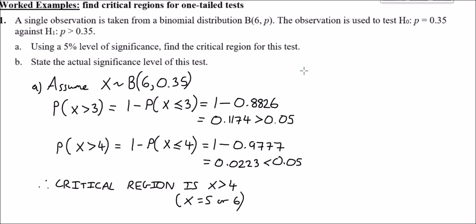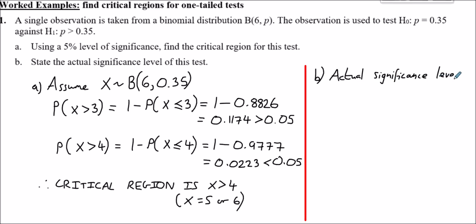Now we can think about part B, the actual significance level for this test. Well, the actual significance level, just to recap from last lesson, is one and the same thing as the probability of incorrectly rejecting H0, incorrectly rejecting the null hypothesis.